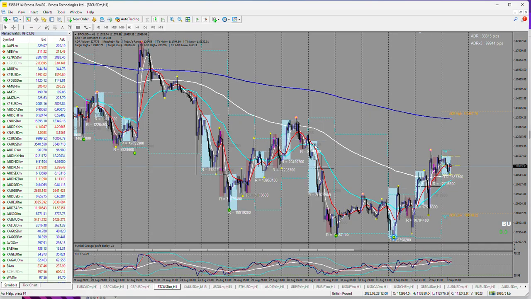Now, the market makers use this peak reset to complete a cycle. And when this happens, you're going to have a reversal trade until a new peak is formed before you start looking for buys.